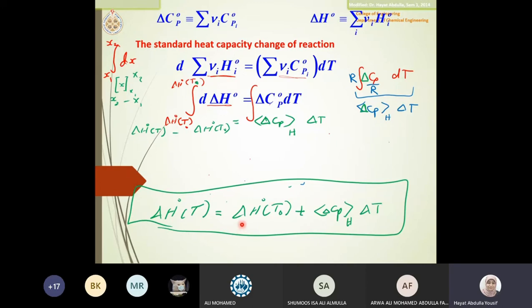So you will calculate this for the reference temperature that you have, for the delta H that you already have its table. Plus a correction.